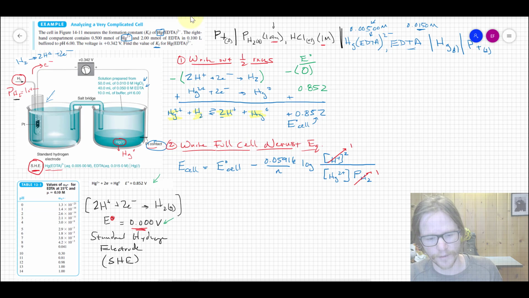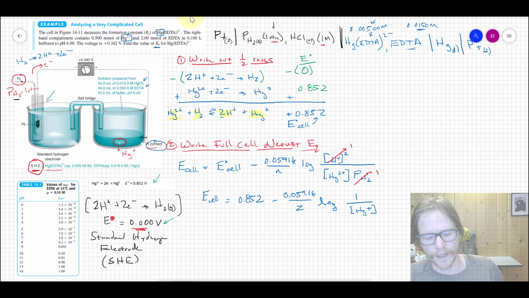So let me rewrite this then as E cell equals 0.852, the value that we computed here for E naught cell, minus 0.5916 over 2 log 10 of 1 over mercury ion concentration.